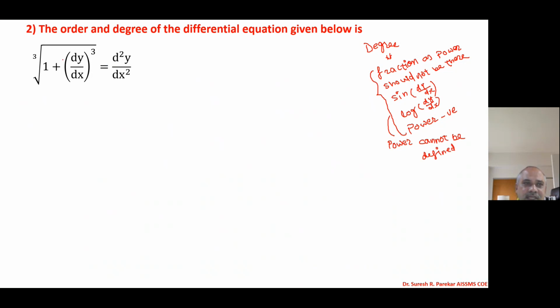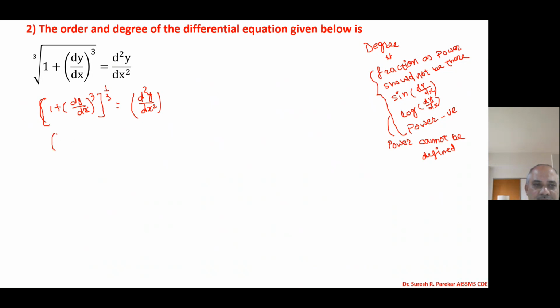Now you can see we have a cube root. If I write it as 1 plus (dy by dx) to the power 3, all to the power 1 by 3, which is equal to d2y by dx square, I will take the cube on both sides.